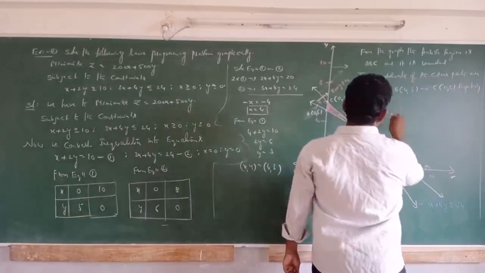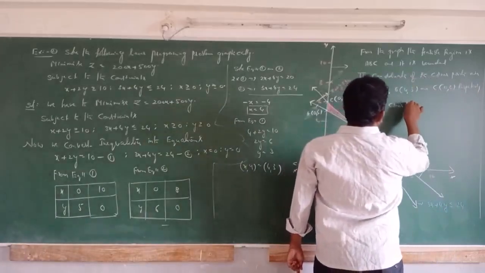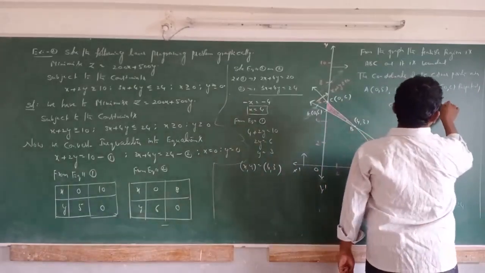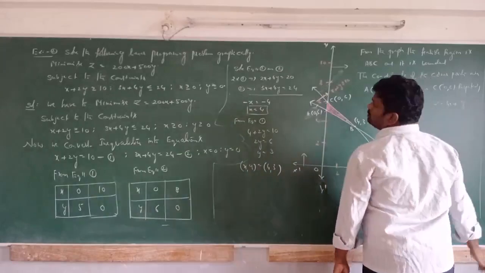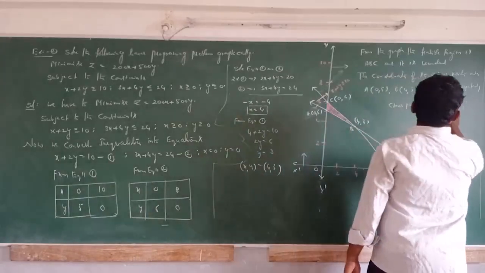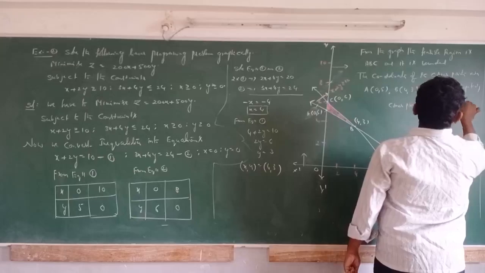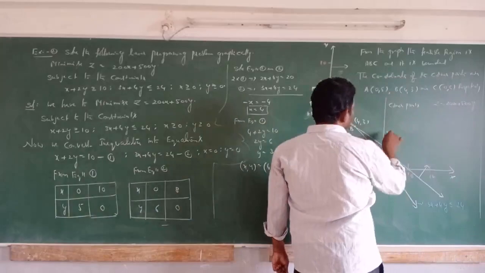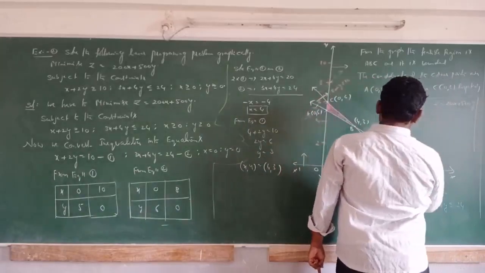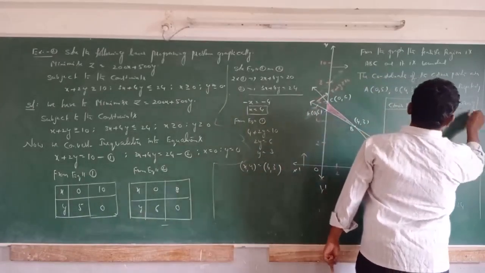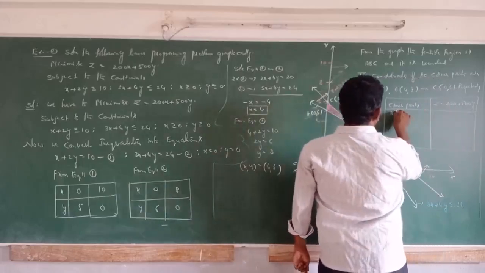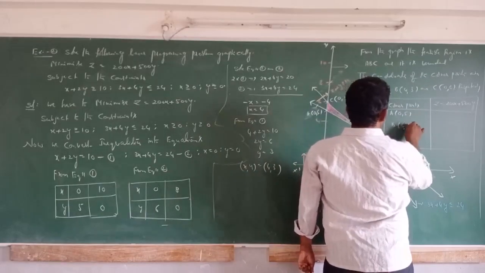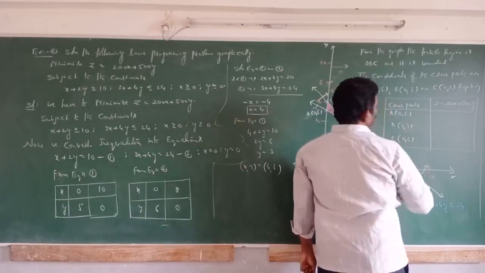Okay, now we have the corner points. Next one, z is equal to 200x plus 500y. So now we want to find out the table. Here the points are A of (0, 5), B of (4, 3), C of (0, 6).